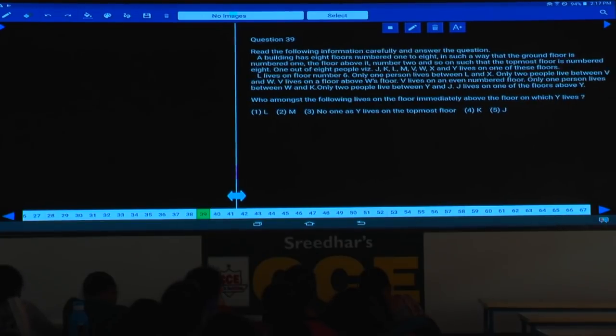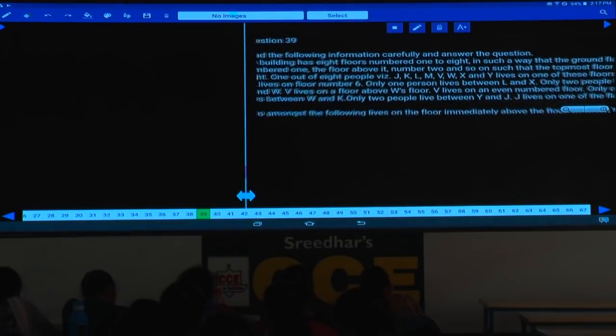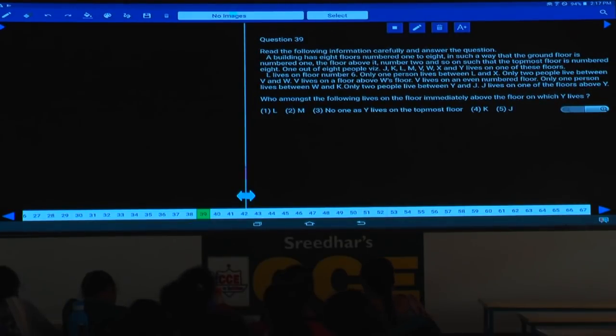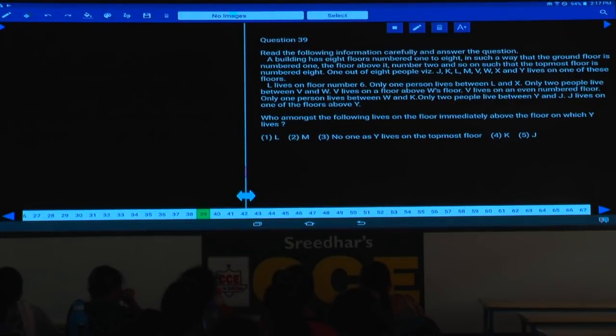Then what is the information here? Then condition number 1. Now in total we have 8 floors. As a floor arrangement is given, now let us fix the floors at the center as 5, 4, 3, 2, 1.